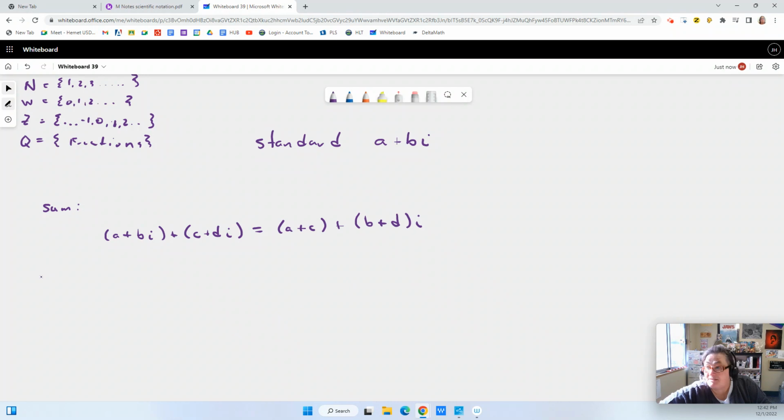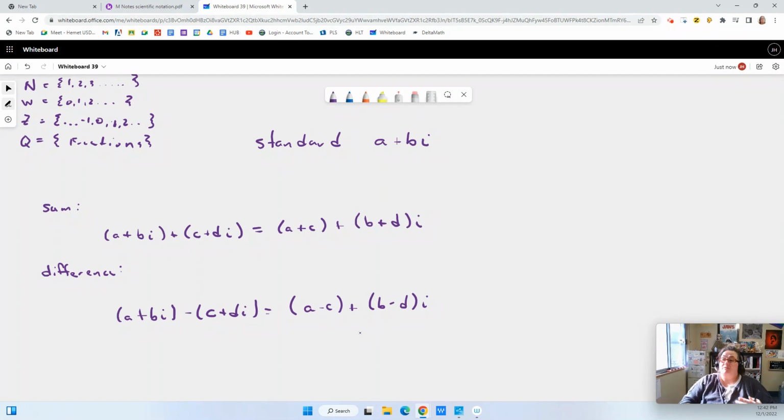That means you're going to add those numbers together just like you would if it was a variable. Same thing if we were talking about the difference, right? Difference or subtraction is difference. If I had an a plus bi plus, oops, sorry, minus, I'm saying subtraction and I'm doing addition. a plus bi minus c plus di, that is going to equal (a minus c) plus (b minus d)i.